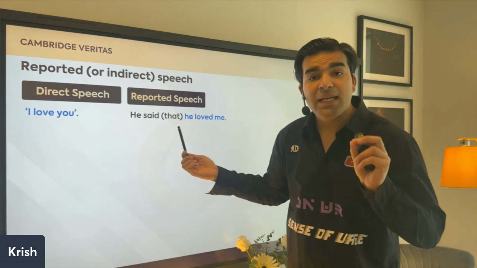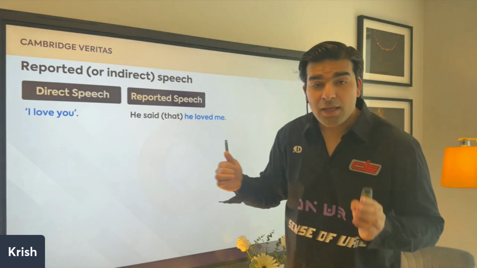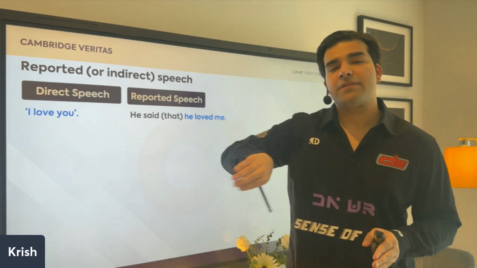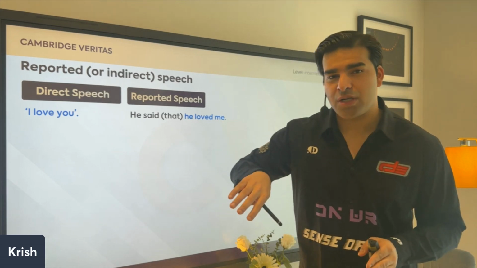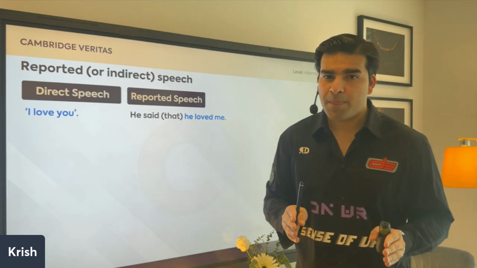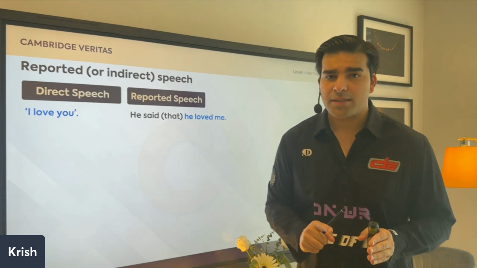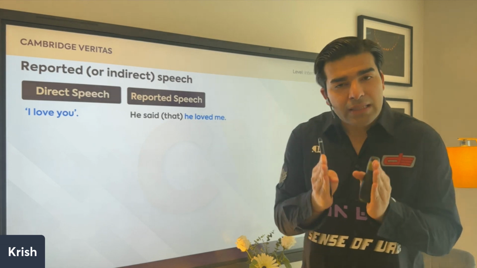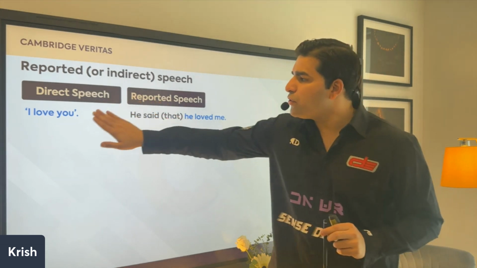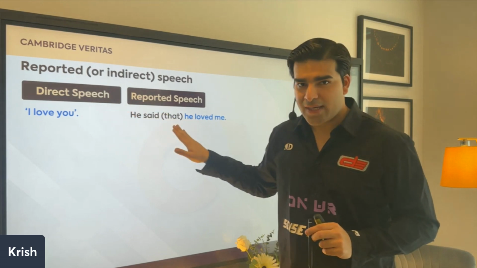That means it is optional. If you want to use that, you can use it. However, if you want to clean it off the picture, you can say the sentence without that as well. But what is the rule behind it? I will show you the rule in the next 2 minutes. But for now, just try looking at the difference in the two sentences.